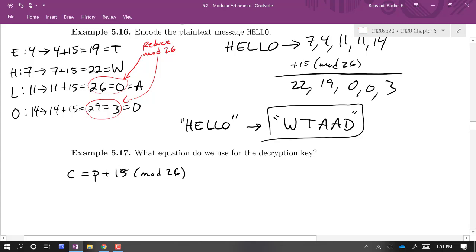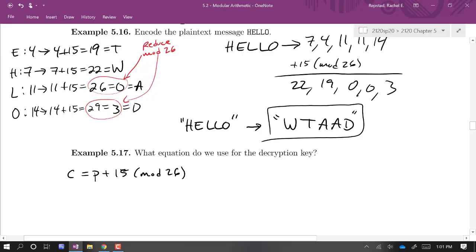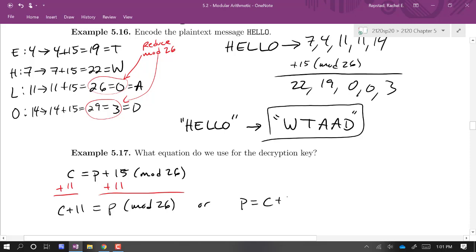To decrypt, I want to get the plain text P from the ciphertext C, so I'm going to solve that for P. And so I want to subtract 15 from both sides, and if we're working mod 26, subtracting 15 is the same as adding 11. So then C plus 11 is equal to P, or P is equal to C plus 11 mod 26.